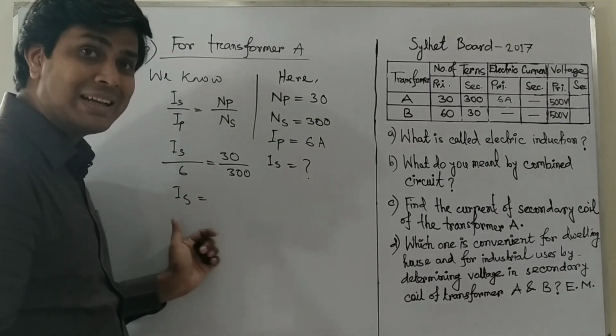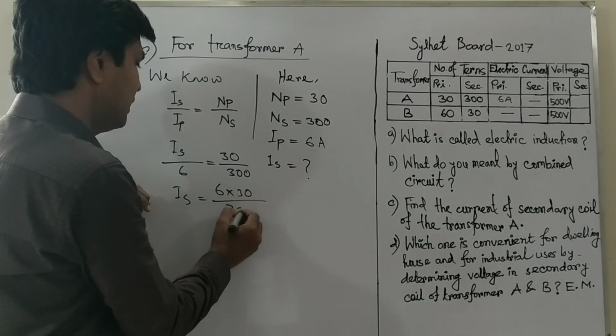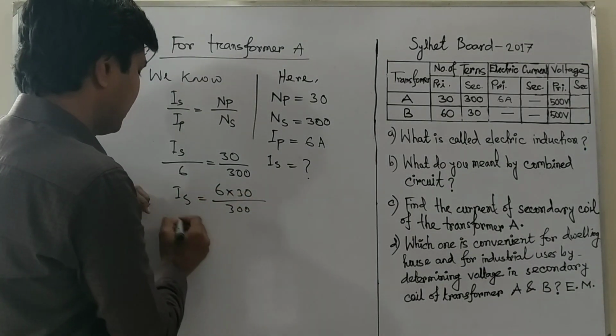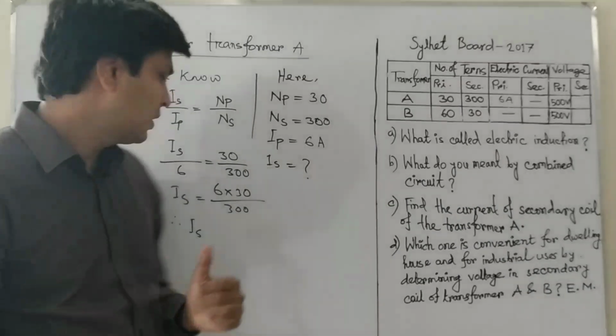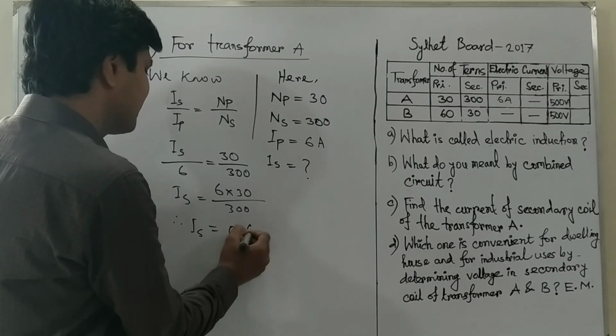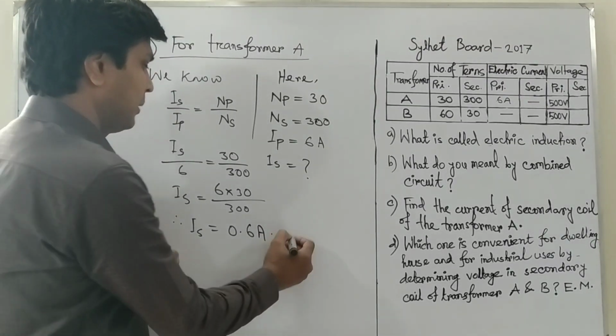Now we can write IS equal to 6 into 30 divided by 300. Therefore, the current of secondary coil of transformer A will be 0.6 ampere. That is the answer of question number C.